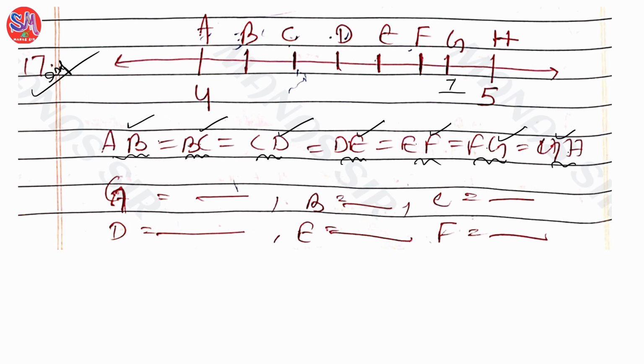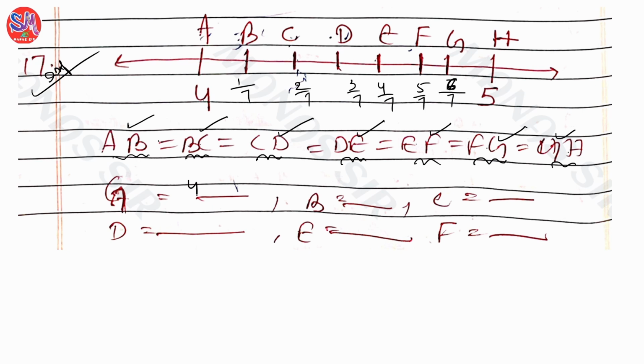Means, sorry, 6 parts. 6 by 7. Because first we count the inside lines, that is 1, 2, 3, 4, 5, 6. Here is 6. So 6 by 7. Here is 1 by 7, 2 by 7, 3 by 7, 4 by 7 and 5 by 7. Okay. So write down 4 whole.